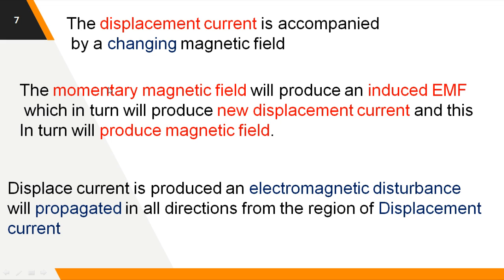So there is a mutual generation of electric and magnetic field. The displacement current produces an electromagnetic disturbance which will propagate in all directions from the region of the displacement current.